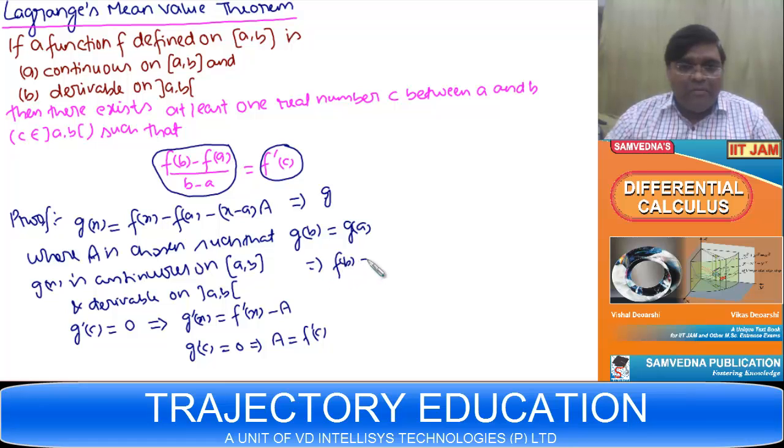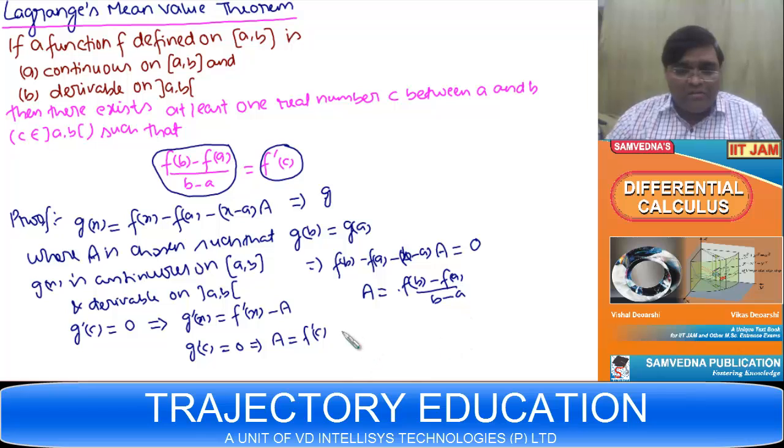So that will give you what? g(b) is f(b) minus f(a) minus (b minus a)A, and g(a) is 0. So A is, I can write, f(b) minus f(a) upon b minus a.